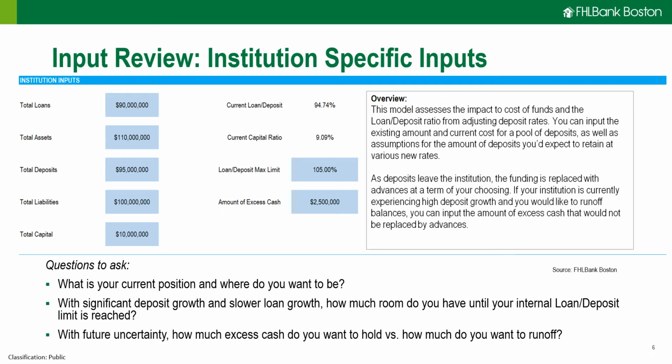In terms of excess cash, this should be a level that your institution would be comfortable running off. As I mentioned earlier, with increased cash levels and few options on the asset side, there may be some cash runoff that you feel comfortable with that would help bring your liquidity position to a desired state.